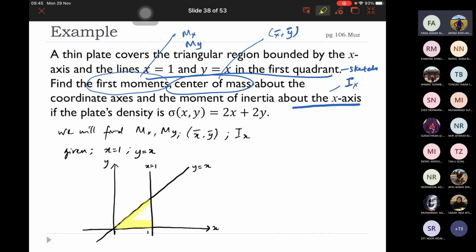So, ini adalah dia punya shaded region. So, formula untuk Mx akan sama dengan integration over the bounded region y sigma xy dA. Okay. My equal to x sigma xy dA.